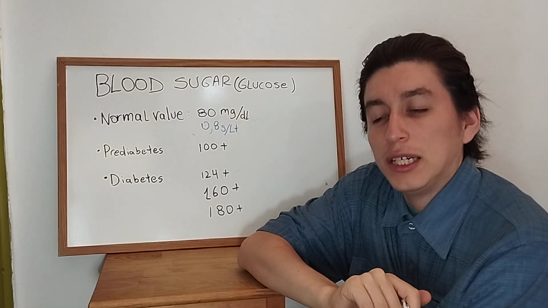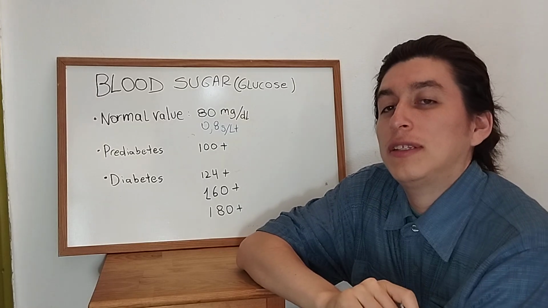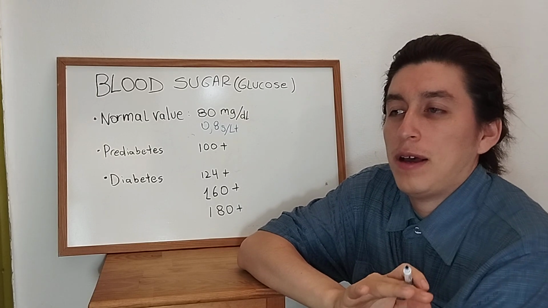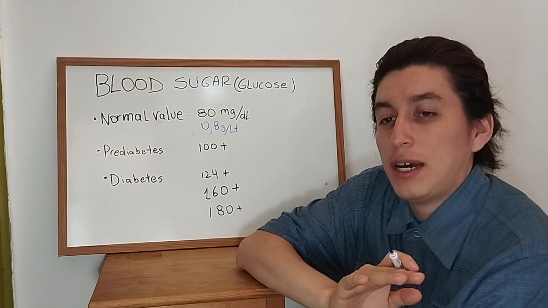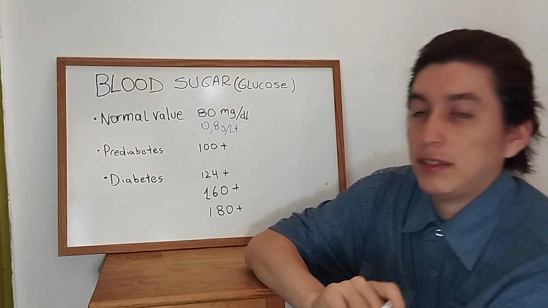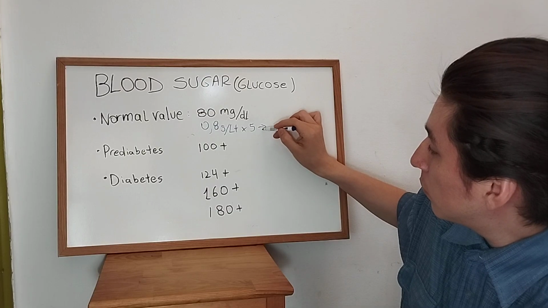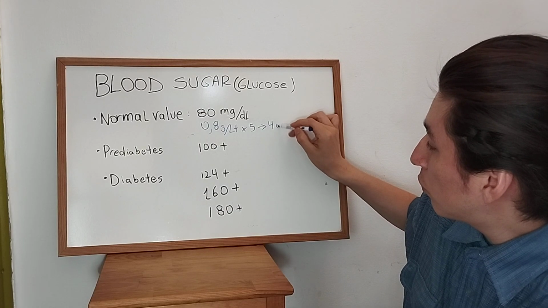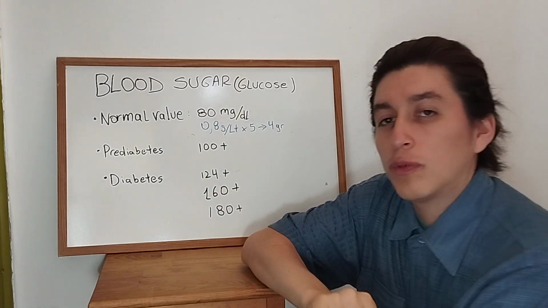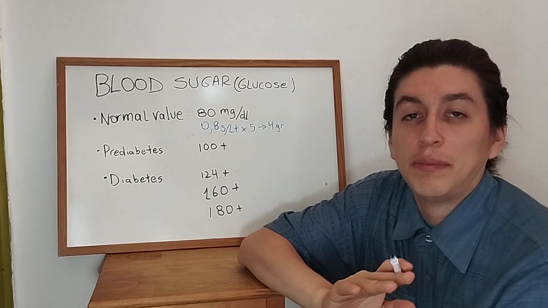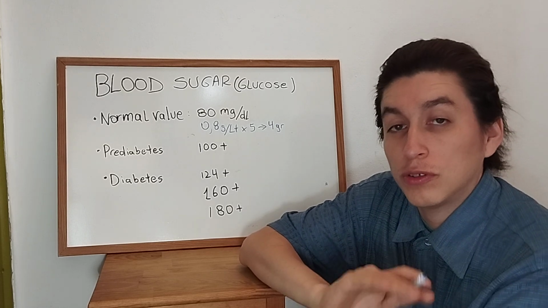But considering that the average amount of blood that we are having in our body is 5 liters, we are going to have a total of 4 grams of glucose circulating in our body as a constant.